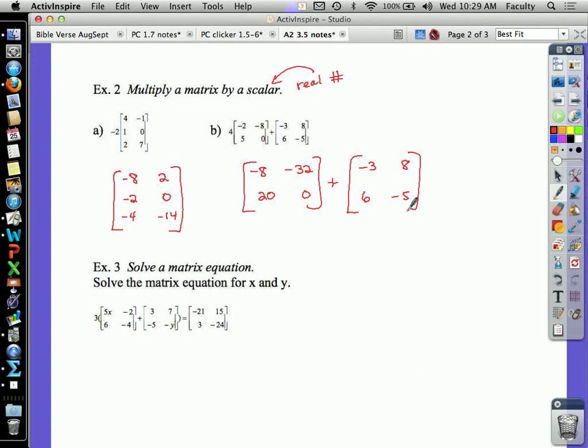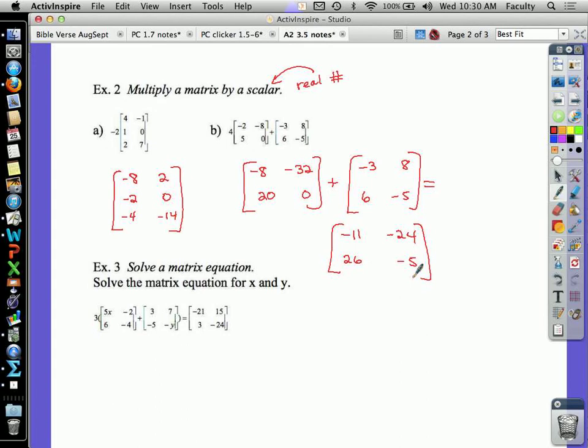And then we want to do the addition. Your final answer should be negative 11, negative 24, 26, negative 5.